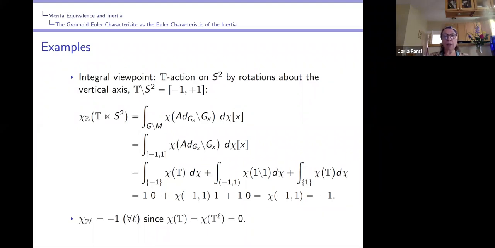But that's exactly the Euler characteristic of the space, because the inertial space is a segment with two circles glued at each of the two ends. So that's homotopy equivalent to a bouquet of two circles, hence it has Euler characteristic -1. So it checks out, good.